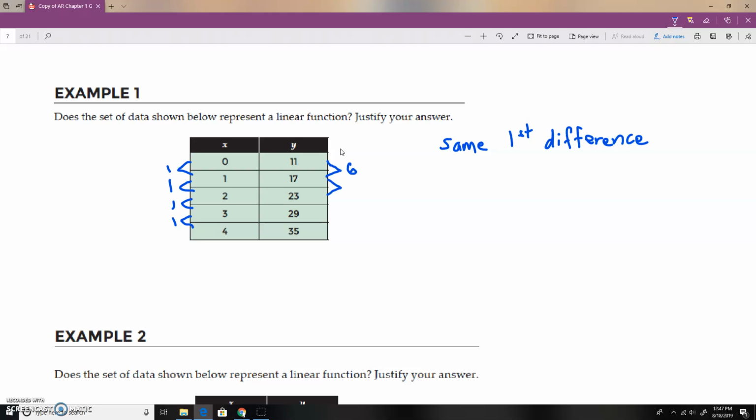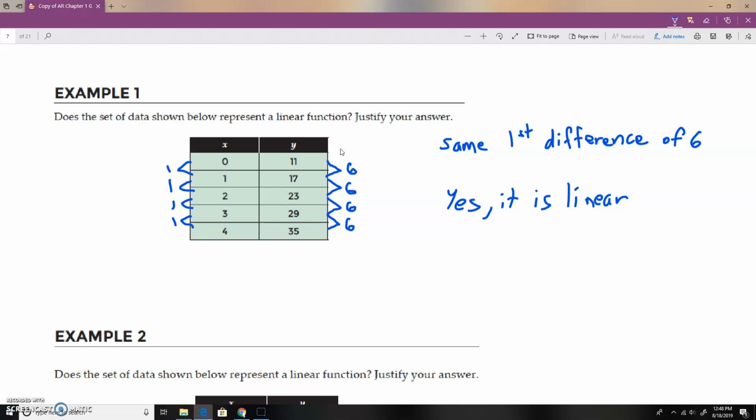From 17 to 23, we went up by 6. From 23 to 29, we went up by 6. And from 29 to 35, we went up by 6. Okay? So we have the same first difference of 6. So the answer is yes, it is linear.